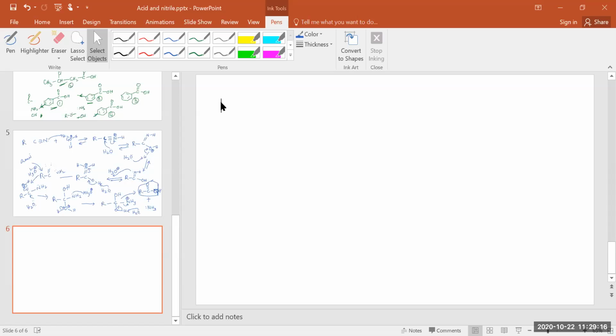So if you have, say, nitrile, and you take a strong base, let's say sodium hydroxide. Okay. So this carbon is electrophilic, delta positive, and this nitrogen is delta negative. So what will happen? This OH minus will add here.